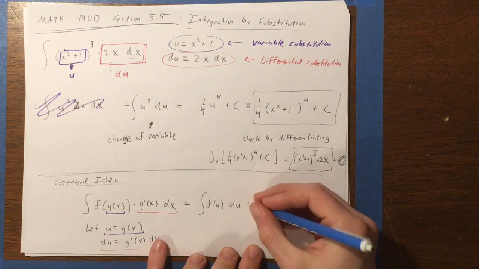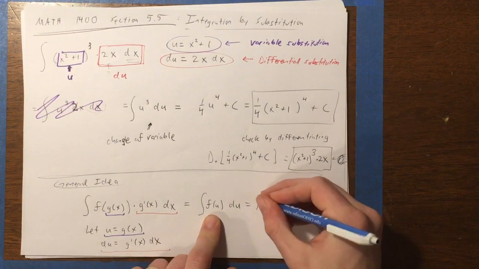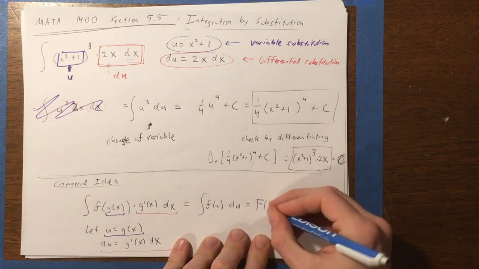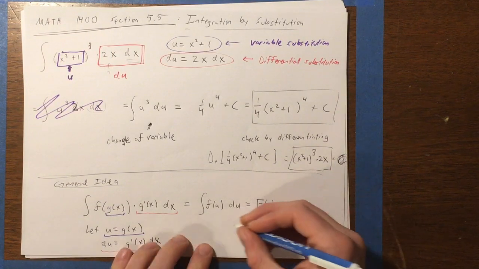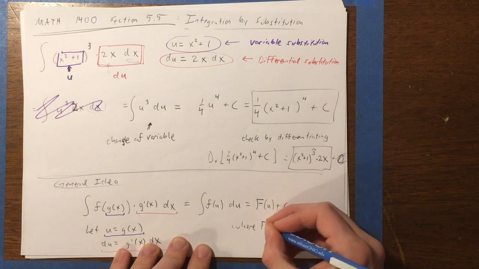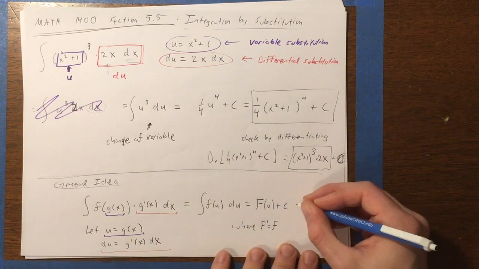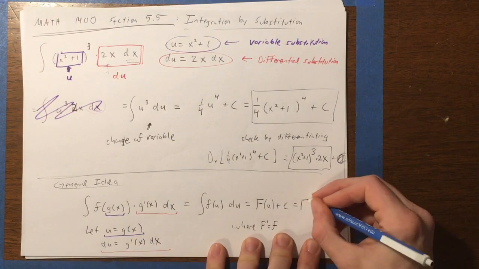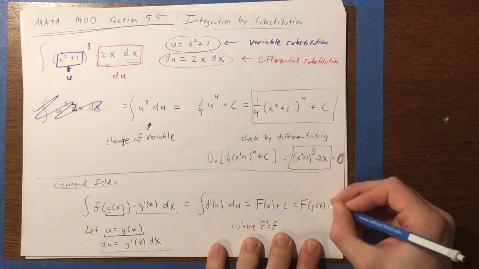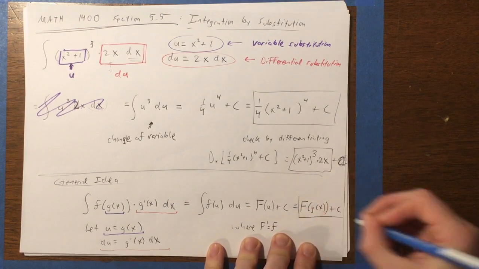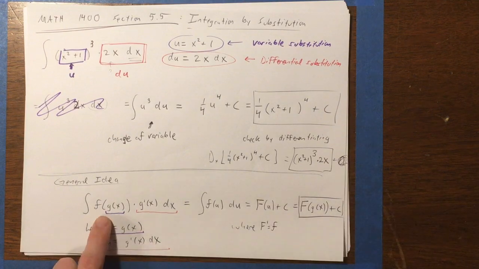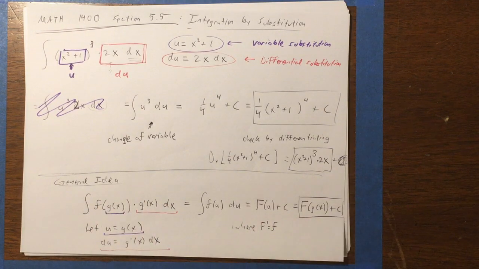And then all you need to do is find an antiderivative for this f, and that'll be, let's call that capital F of u plus c. And that's where capital F prime equals lowercase f. And then finally undo the substitution and get capital F of g of x plus c. And that is the answer to this indefinite integral.